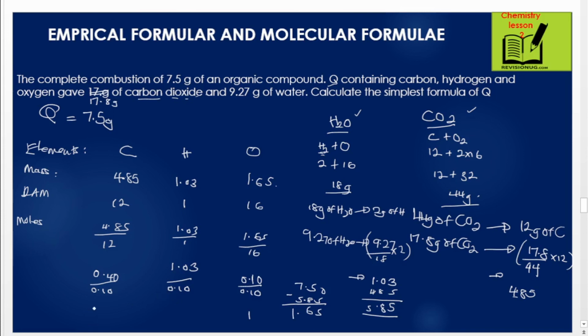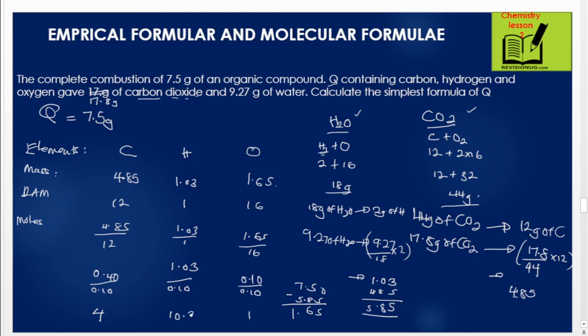So the answer, this one becomes a 4. Then let us come to this one. This one is giving us 1.03 divided by 0.10.